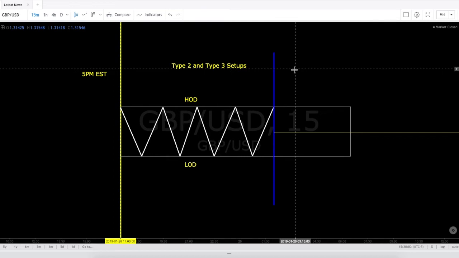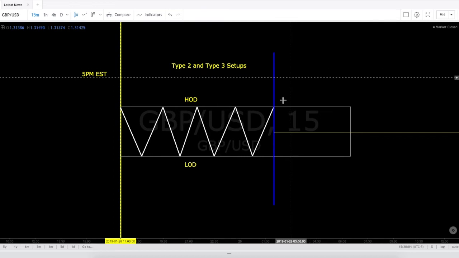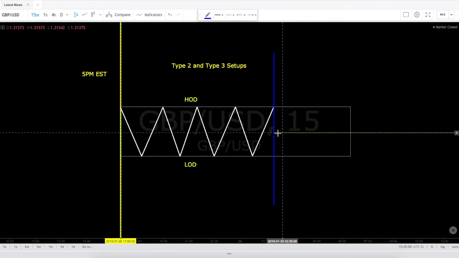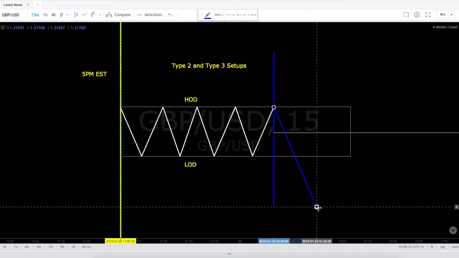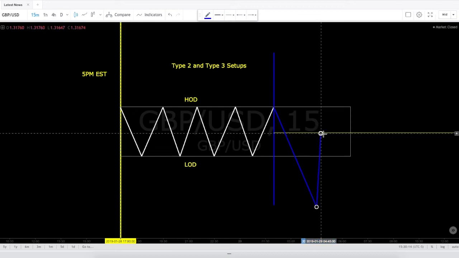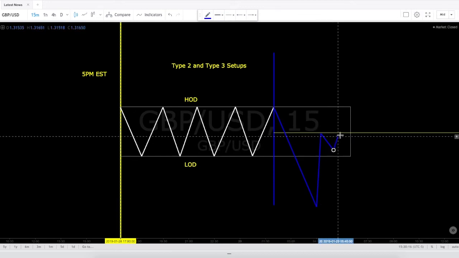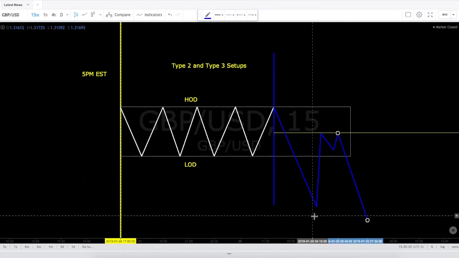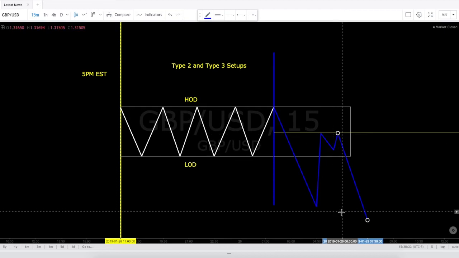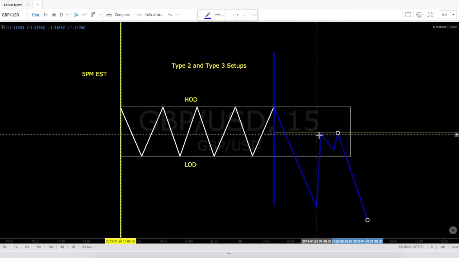Okay, the only time that would actually count would be if we get some kind of a move like this. So if we get something like that, that would be a type 3 setup, right? Because it's coming back to the middle of the range, reaccumulating, and then going back down.